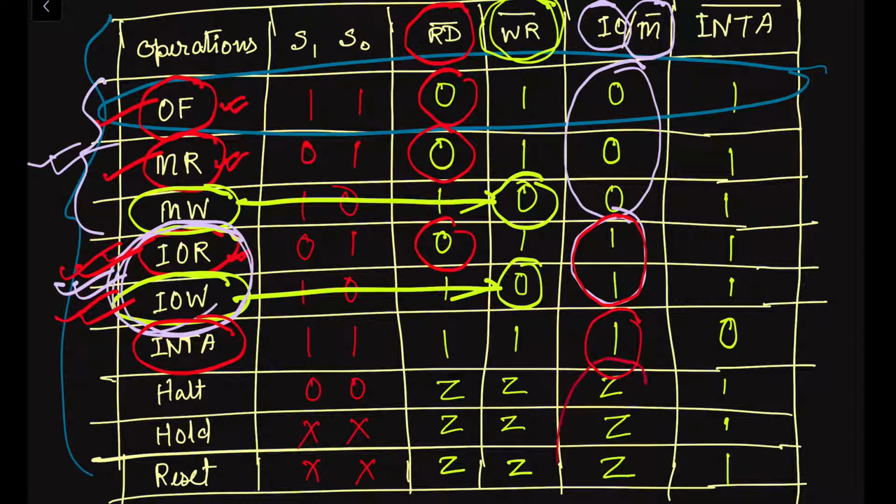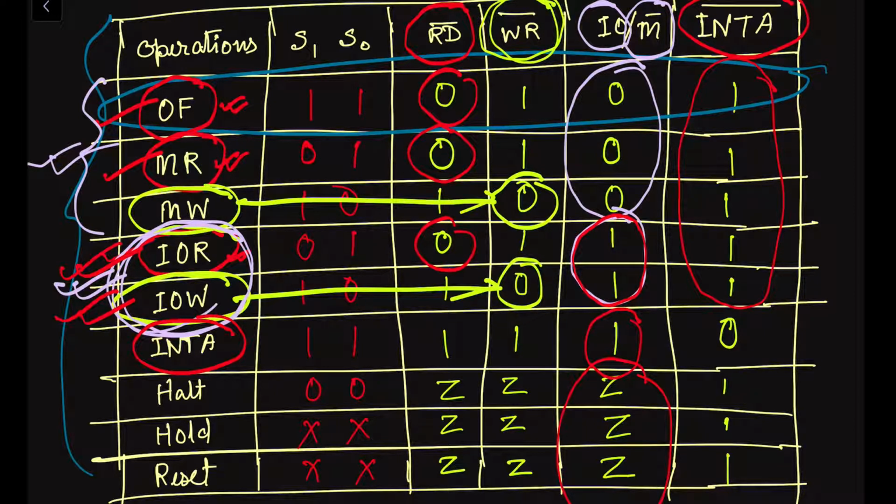All the remaining cases we have already explained. Similarly, you can see here that the INTA signal is the interrupt acknowledgement signal. This will be a high signal because this is an active low signal. Here you can see it is a bar or complement signal. Therefore for opcode fetch, memory read, memory write, input output read, input output write, all the values are high because it is not sending any interrupt signal or requiring any interrupt acknowledgement.